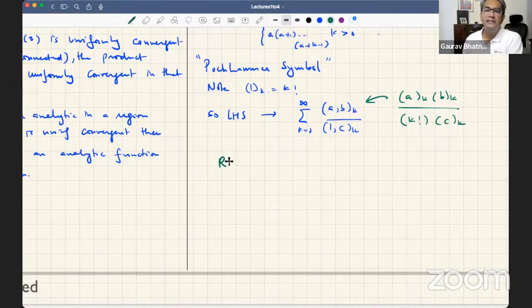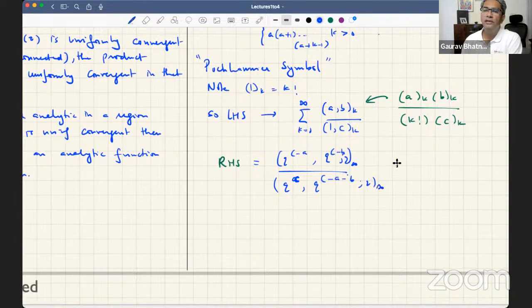And the RHS, if we write it down, we get (q^{c-a}, q^{c-b}; q)_infinity over (q^c, q^{c-a-b}; q)_infinity.